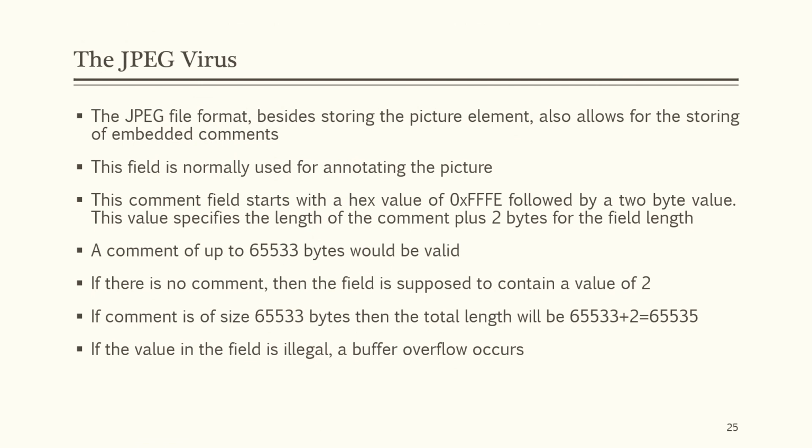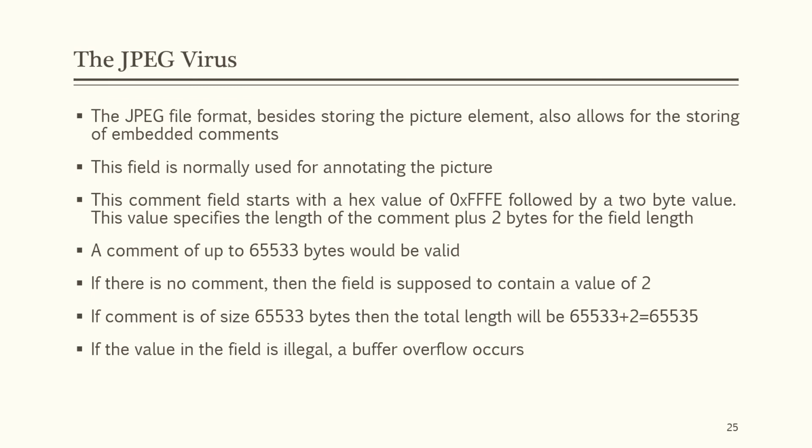Next is the JPEG virus. The JPEG file format, besides storing the picture elements, also allows for the storing of embedded comments. This field is normally used for annotating the picture. This comment field starts with a hex value of 0xFFFE followed by a 2-byte value.